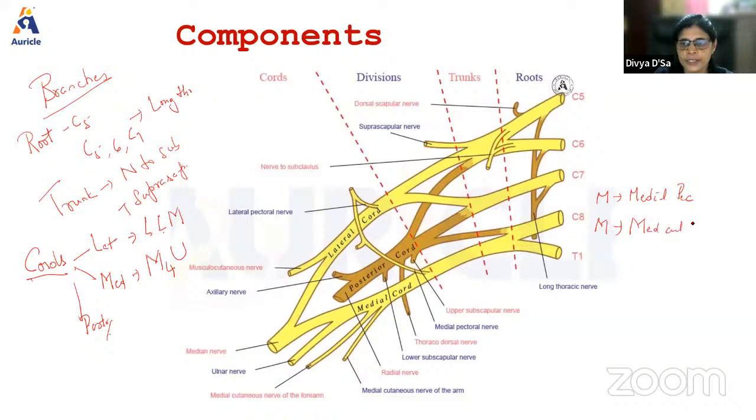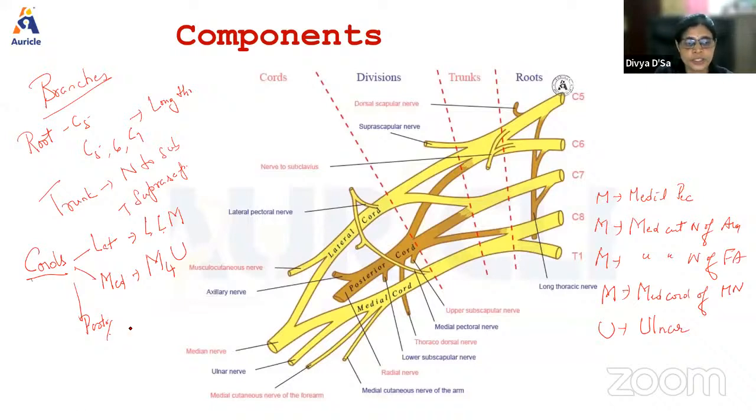The third M is the medial cutaneous nerve of forearm. And the fourth M is the medial root of median nerve. And U is, it will continue as ulnar. That is for the medial cord.